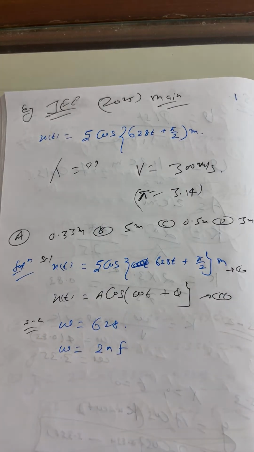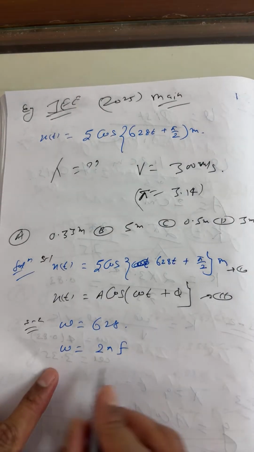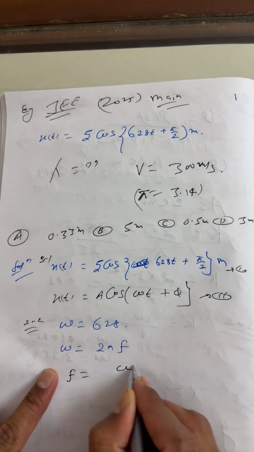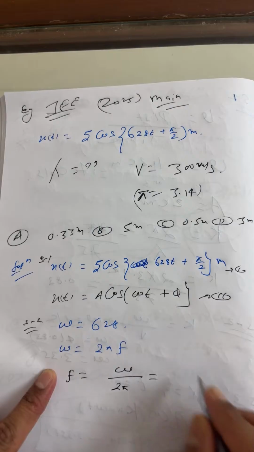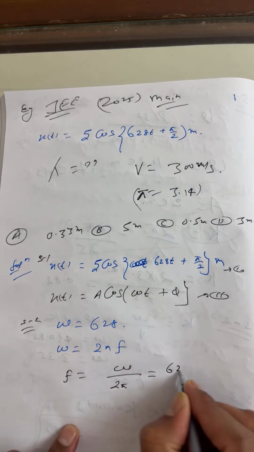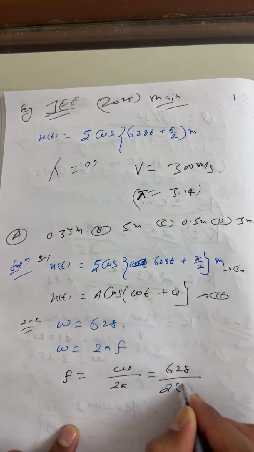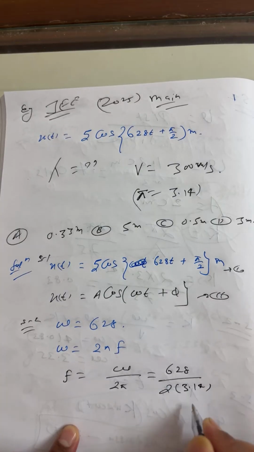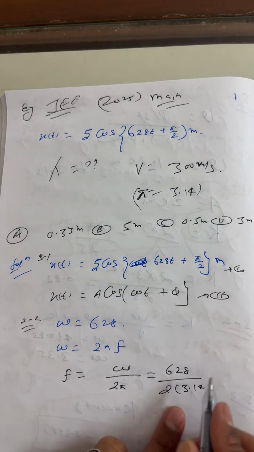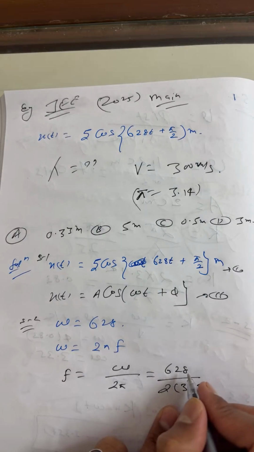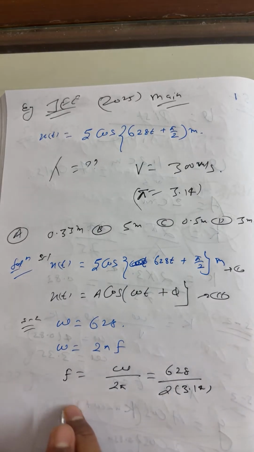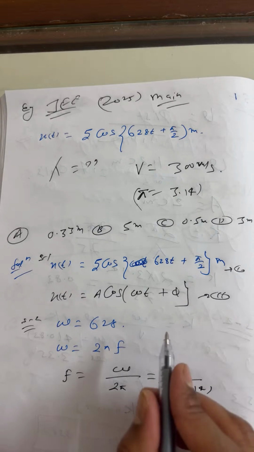So you can find the frequency easily here: omega upon 2 pi. Omega is 628 upon 2 into 3.14. Just leave it in terms of frequency only. Right? We wish to find what?